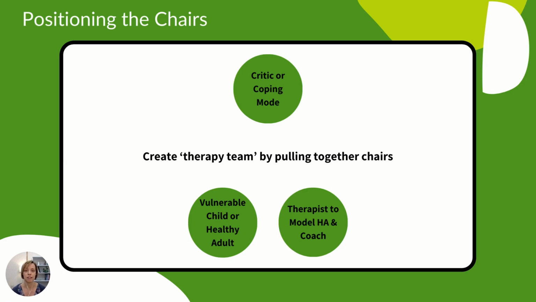And then you've got the chair for the therapist, where the therapist is both modelling healthy adult to their client and coaching the healthy adult. So from this chair, you're creating together a therapy team where you're working to support your client to be in a team with you to challenge the critic mode or the coping mode.